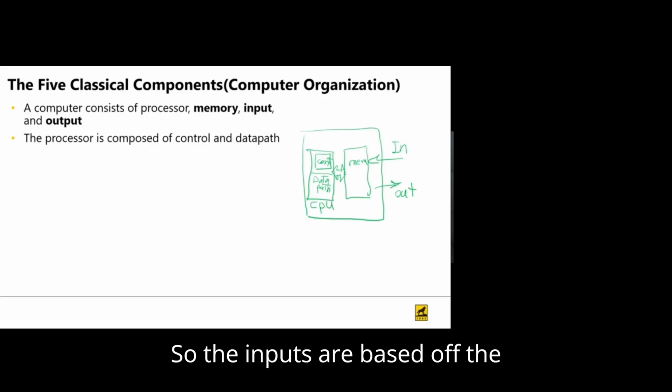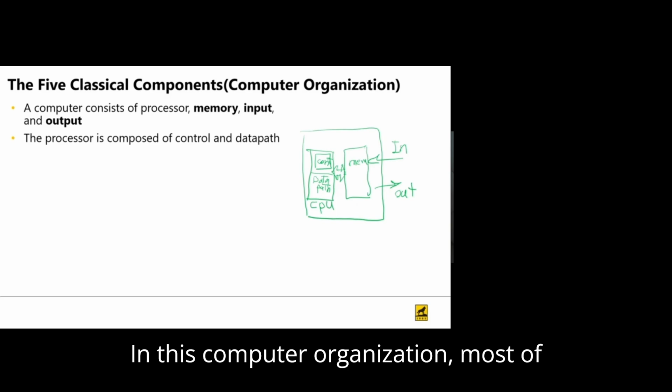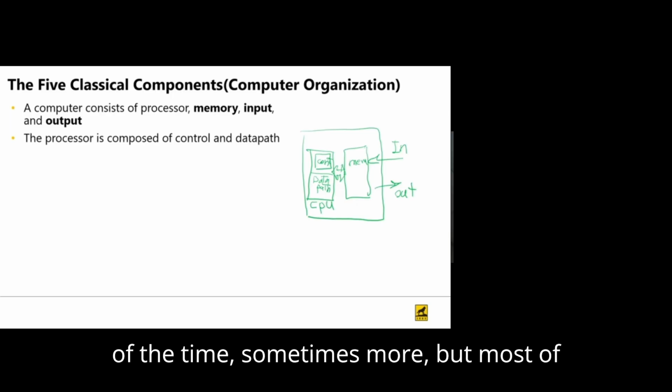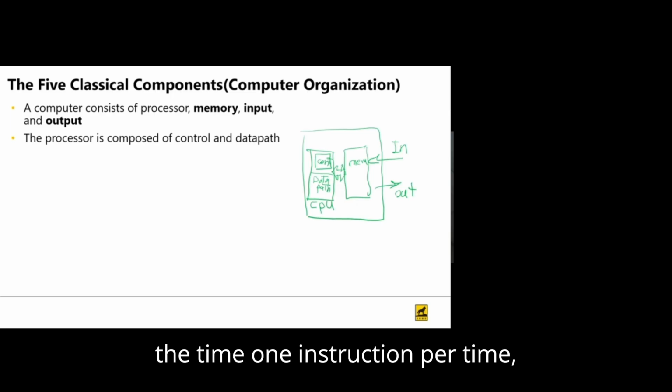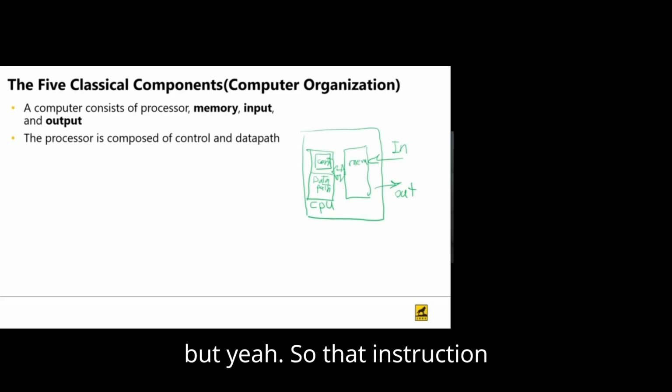So the inputs are based off the instruction. In this computer organization, most of the time, one instruction is executing at a time. Sometimes more, but most of the time, one instruction per clock, for example. It's not always, but yeah.